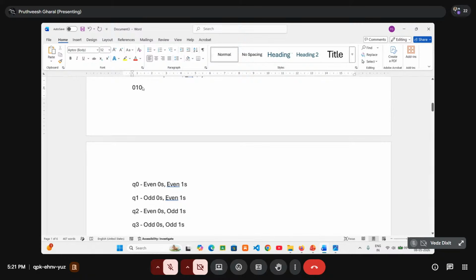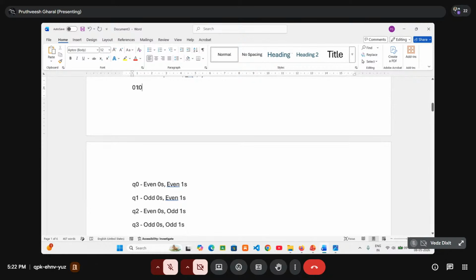So what we do here is, when there are an even number of zeros and an odd number of ones, we tell the DFA to move to the Q2 state. Right here, it will move to the Q2 state, and it will then see the final input.